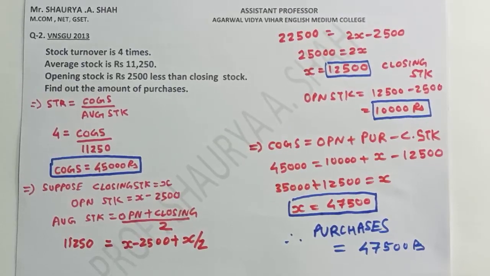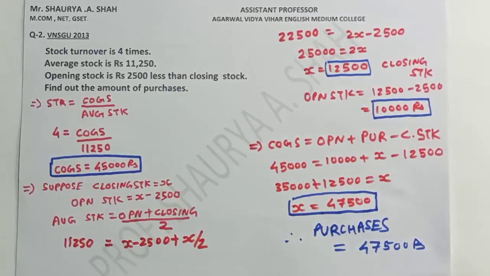Fine. So this was your second sum, students. We'll be starting with the third short sum. What is being given in the sum, students?